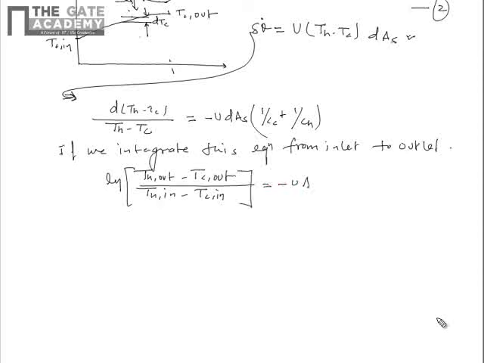This will be equal to minus UAs (1 upon Cc plus 1 upon Ch), right?